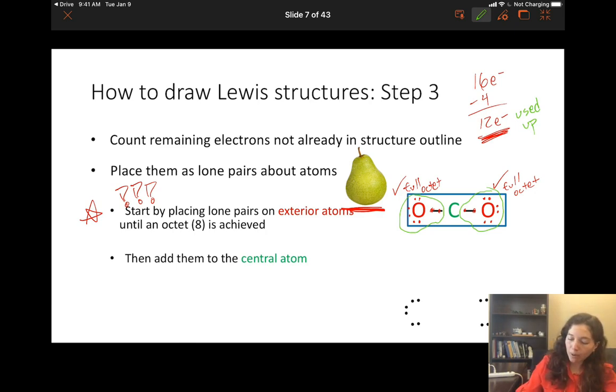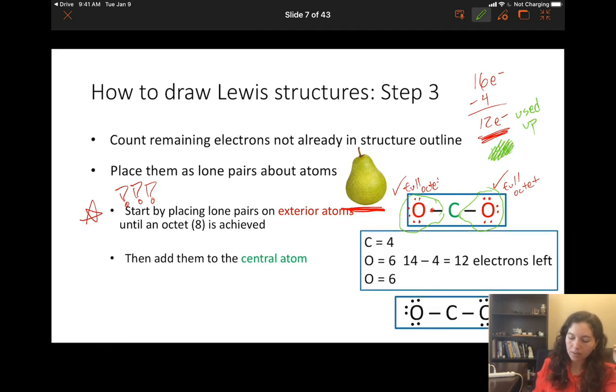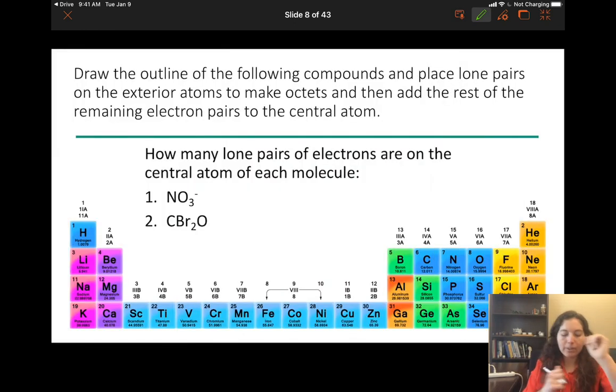Now say there were 14 electrons left over. We'd put those remaining 2 electrons on our center, but there aren't, so we aren't going to do that. This is what the appropriate structure should look like. Okay. Now it's your turn to try this on these atoms here.